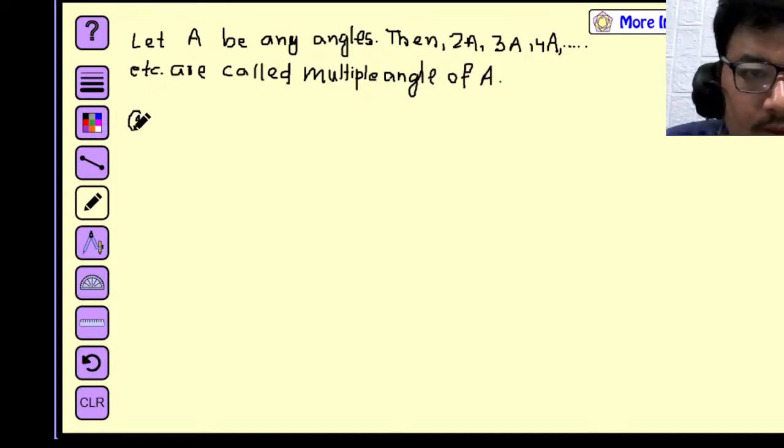Number one, how we derive the formula of sine 2A.